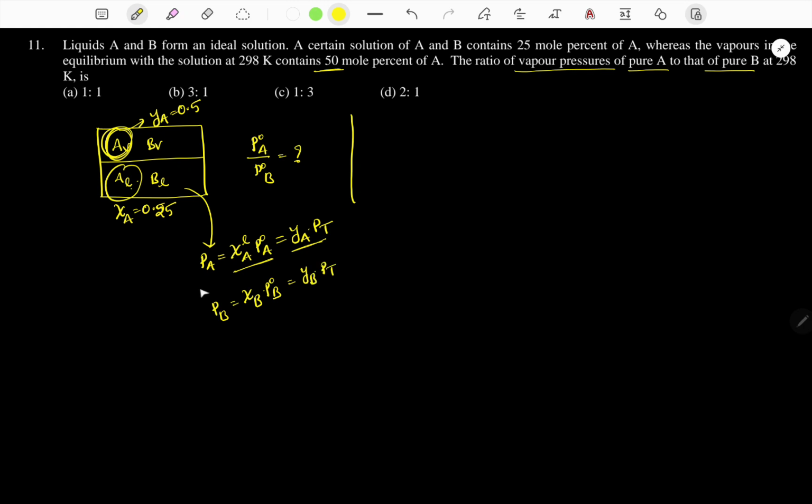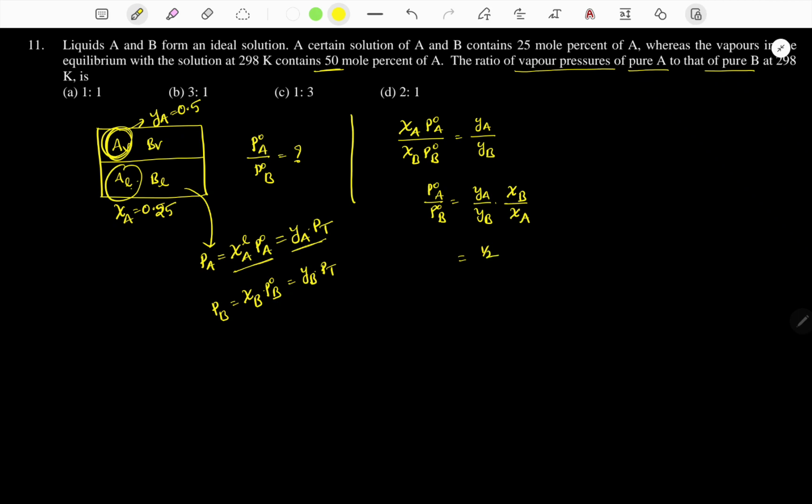Now we have to calculate the ratio, P naught of A upon P naught of B. Therefore, we take the ratio XA P naught of A upon XB P naught of B equal to YA total pressure upon YB total pressure. Total pressure cancels. Therefore, P naught of A upon P naught of B equals mole fraction of A in vapor, mole fraction of B in vapor, mole fraction of B in liquid, mole fraction of A in liquid.